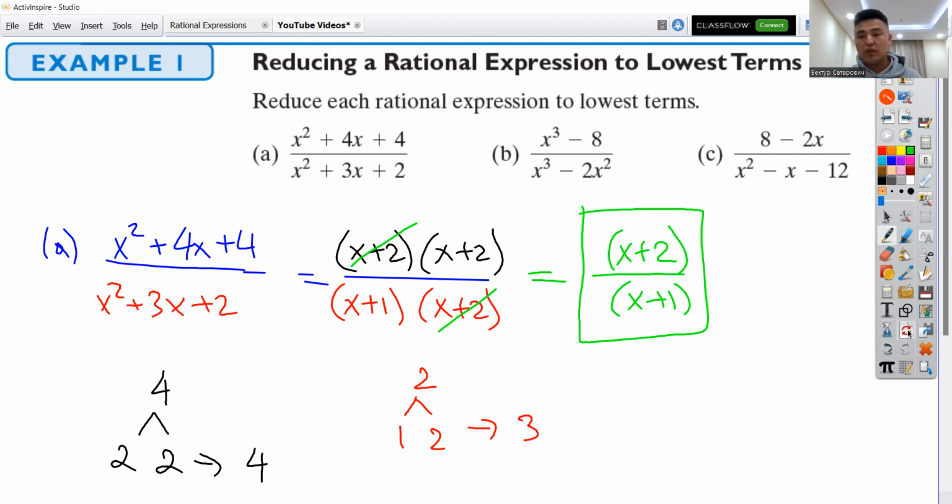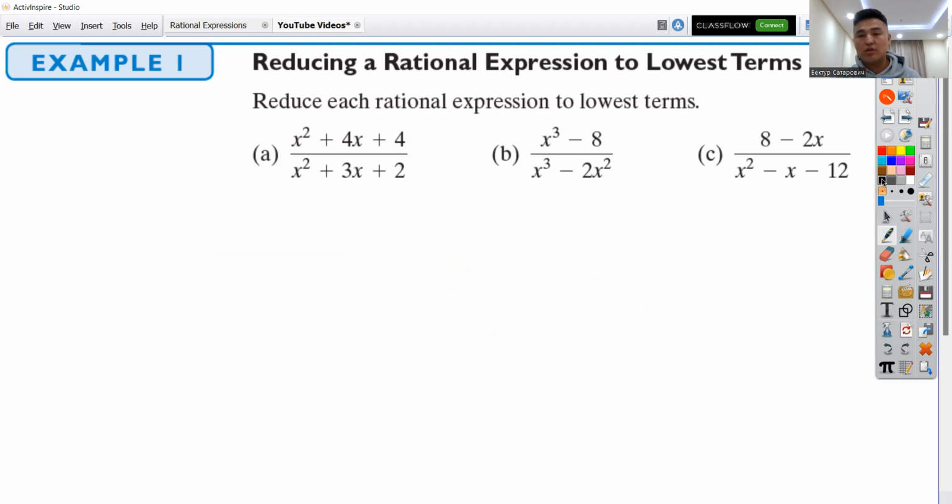Okay, we are moving to the next question, and our next question is B: x cubed minus 8 over x cubed minus 2x squared.